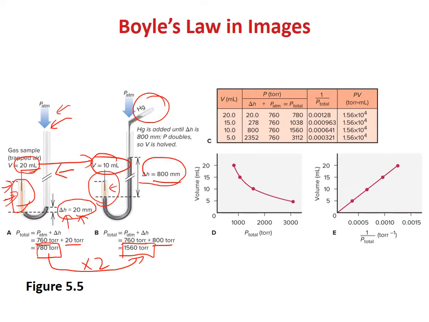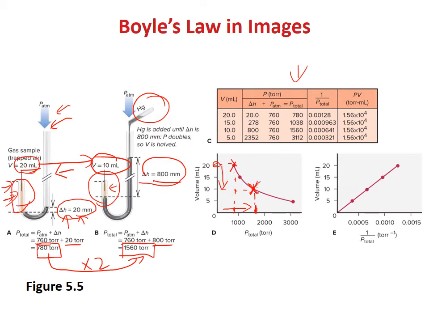Okay, and if we plot this data, this is a table, this is more data. Initially the volume is 20, the pressure is 780. So that's this point. When we increase pressure to 1560, the volume decreases to half of it. So that's this point.